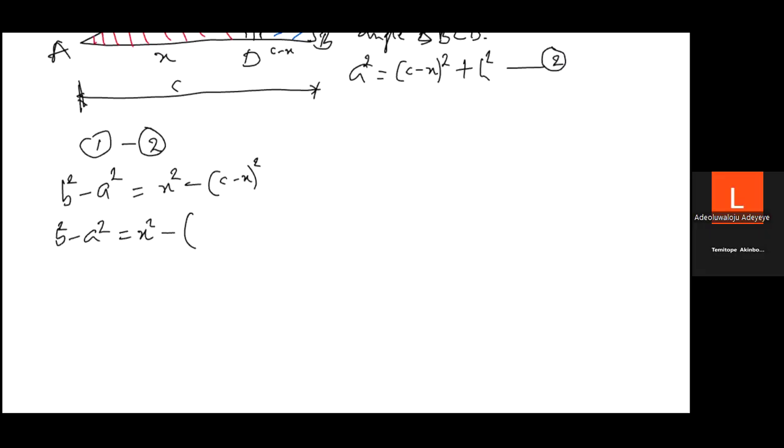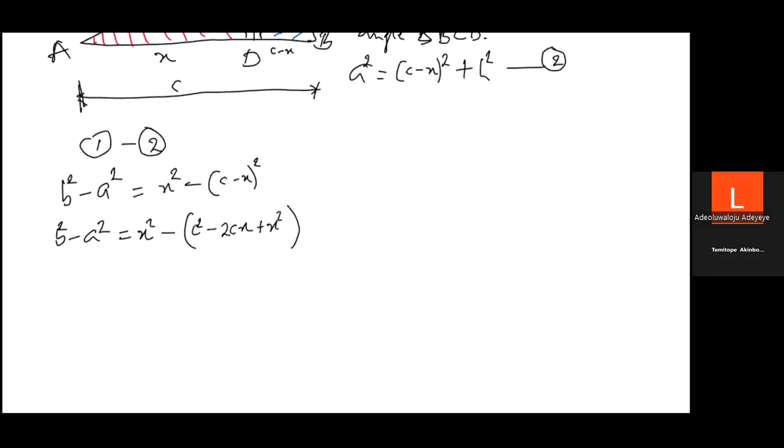If you don't do that, there will be a mix-up and you will not be able to achieve our goal. So expanding (c minus x) will give us c squared minus 2cx plus x squared. I believe that is straightforward.